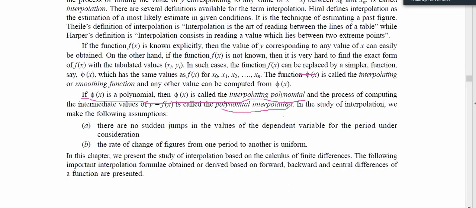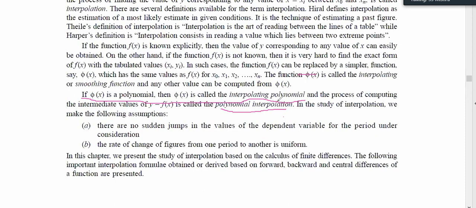So when we are handling a polynomial in place of a function, the interpolation will be known as polynomial interpolation, and the polynomial on which the interpolation is applied is known as an interpolating polynomial. Remember this point.